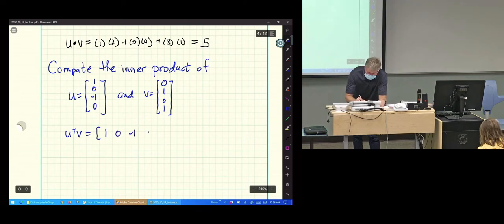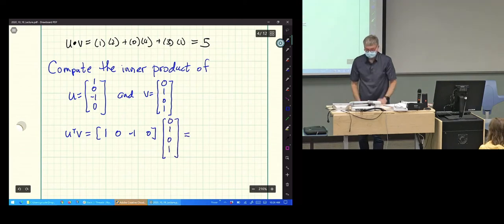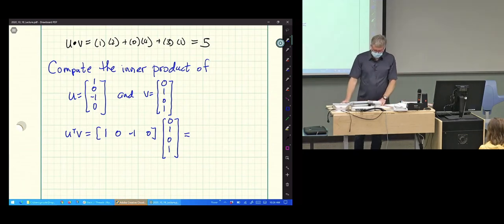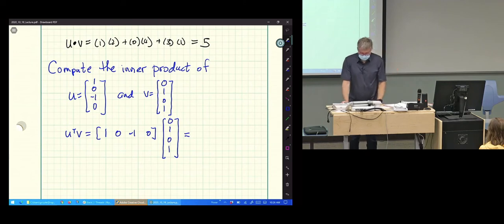If you forget the dot command in Julia, just go u transpose times v. That you guys know how to do.